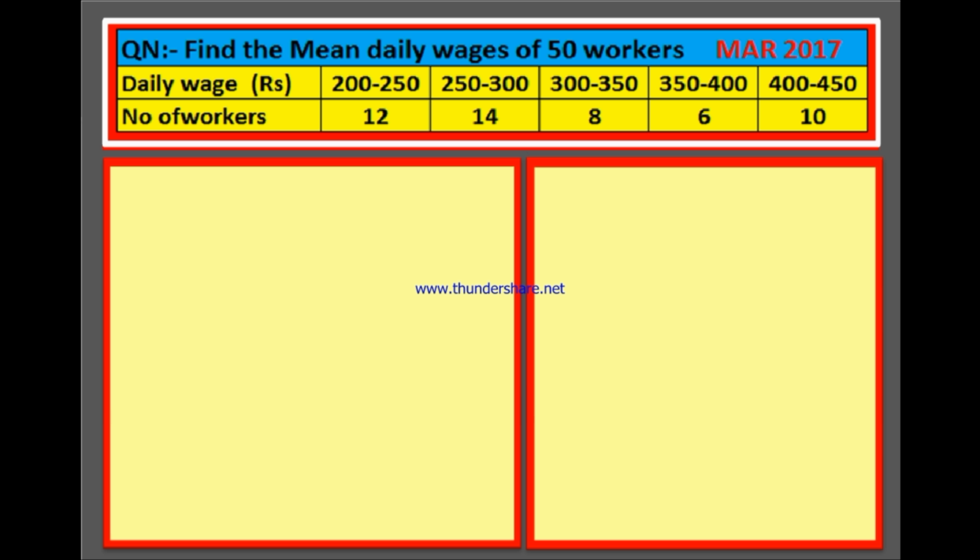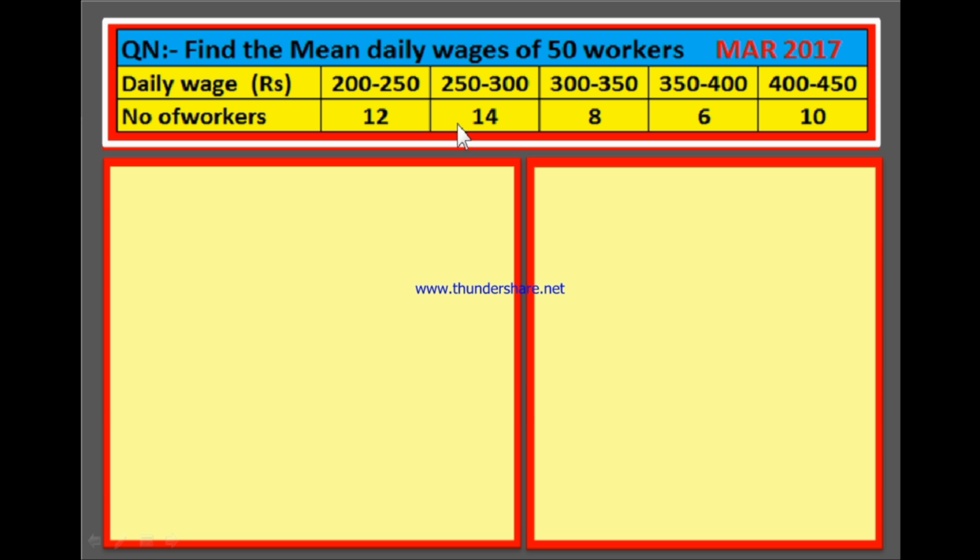Here we are given daily wages in rupees. 200 to 250 rupees is the first class, 250 to 300 is the second class, 300 to 350 is the third class, 350 to 400 is the fourth class, and 400 to 450 is the fifth class. This row gives daily wages of the workers and this row gives the number of workers. You see, these 12 workers get 200 to 250 rupees as daily wage.